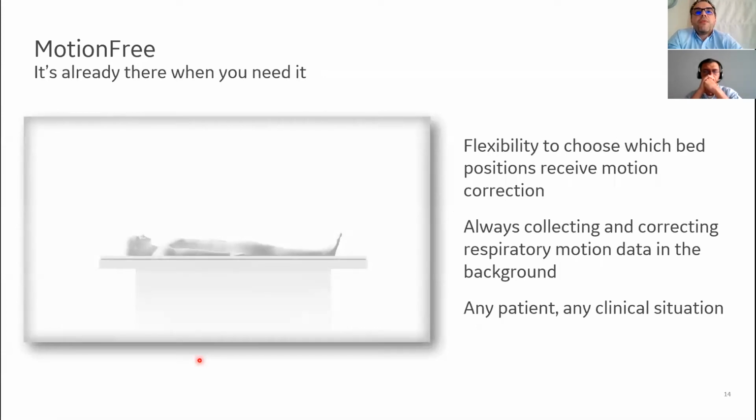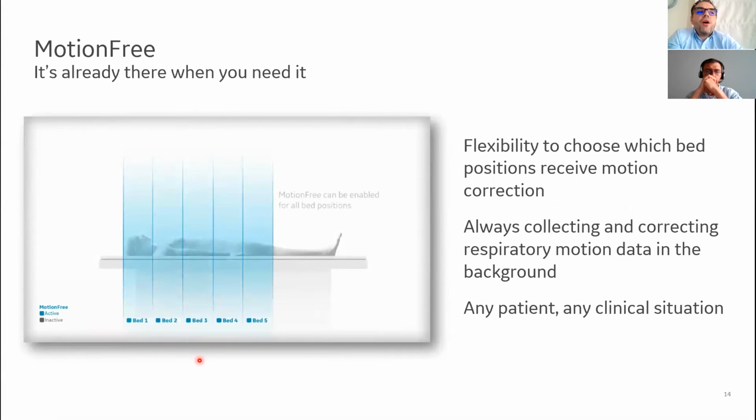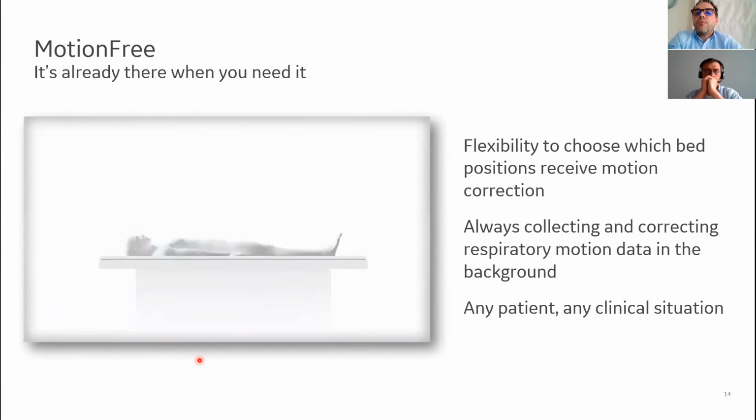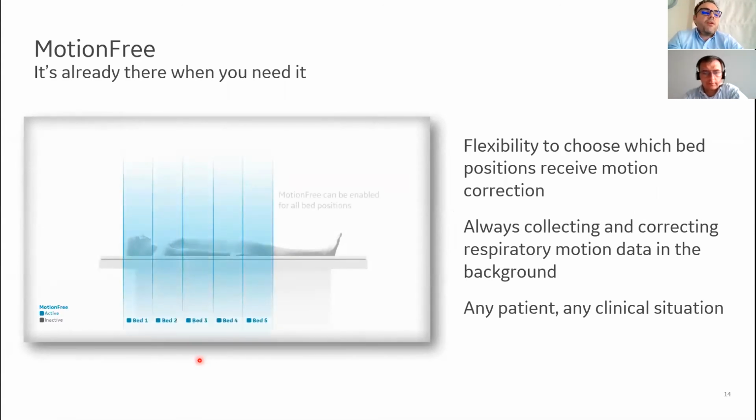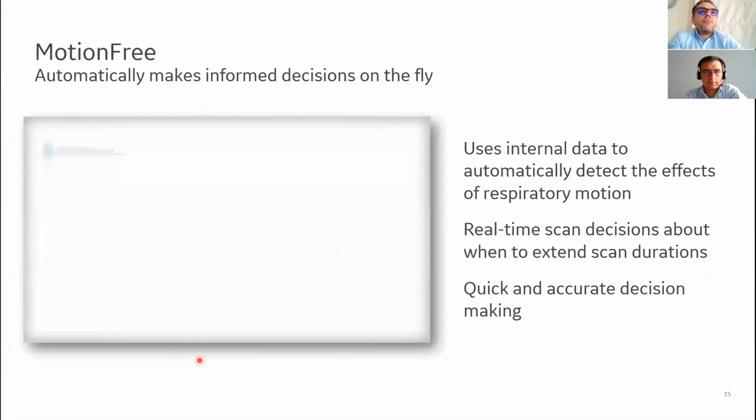Motion free can be enabled for every bed. If there is no motion, the system will not apply any motion correction. If motion is detected, then the system will automatically do it in a very easy and reliable way.